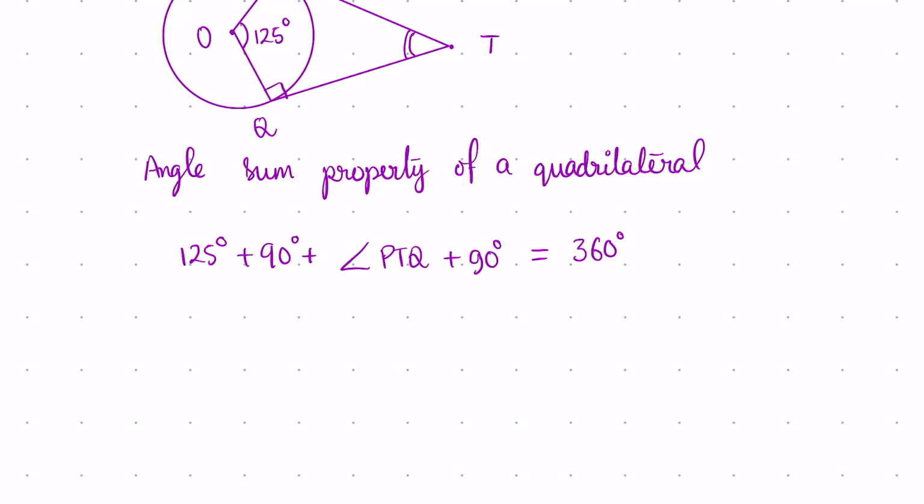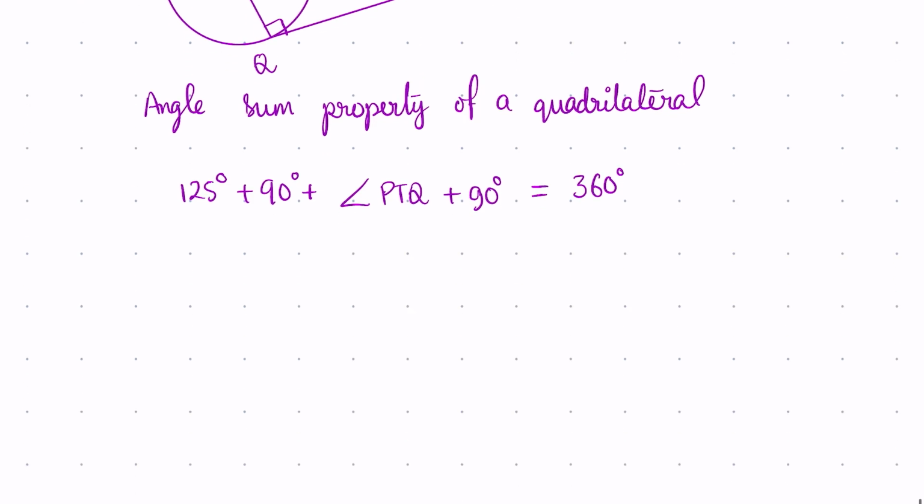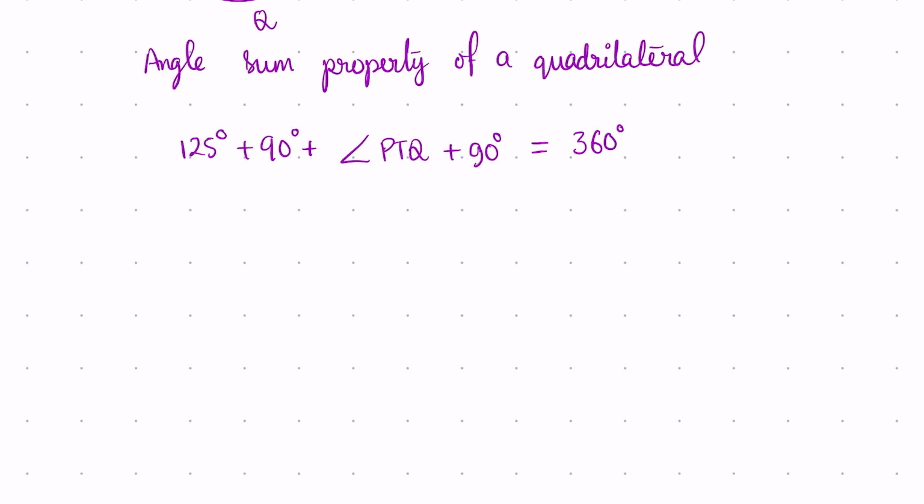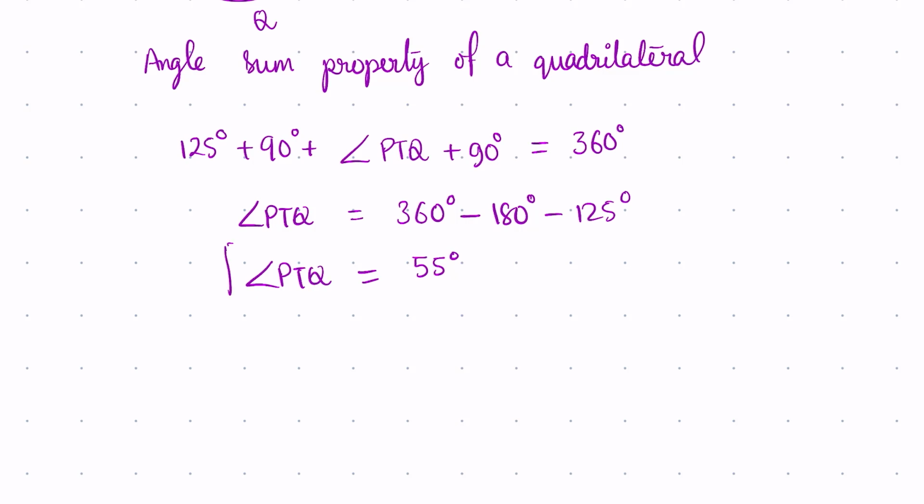Because it's a quadrilateral, so the angle sum would be 360. Therefore, angle PTQ is equal to 360 degrees minus 305 degrees, well, 180 degrees minus 125 degrees, which is equal to 55 degrees. That's our angle PTQ. So that's the answer, right?